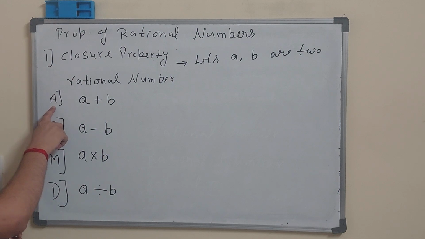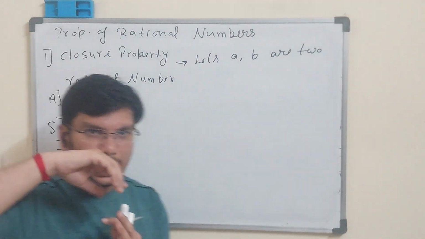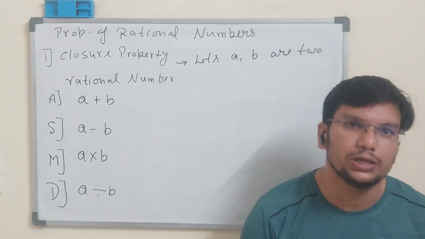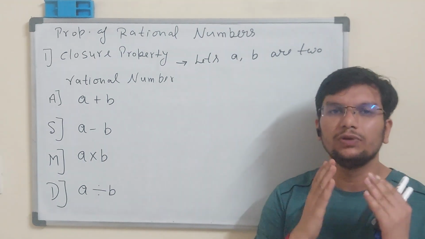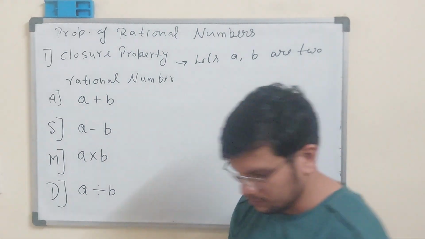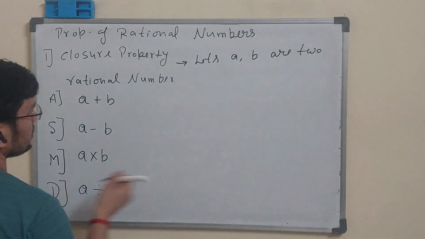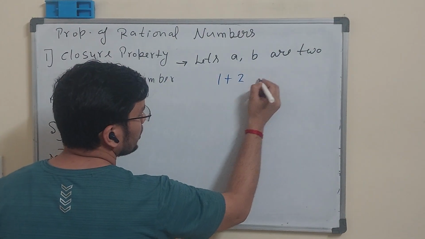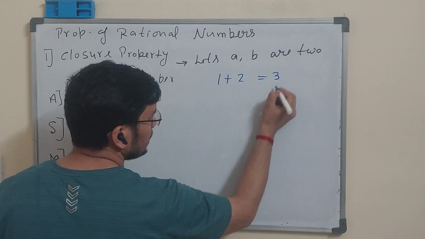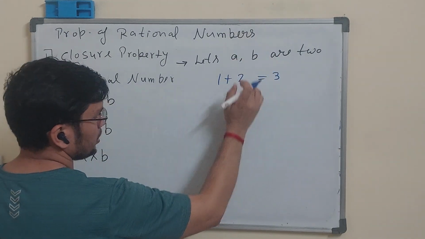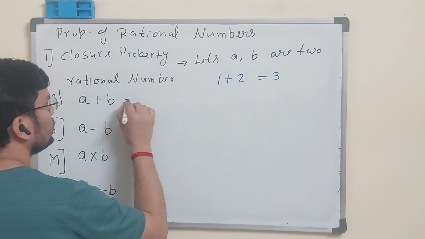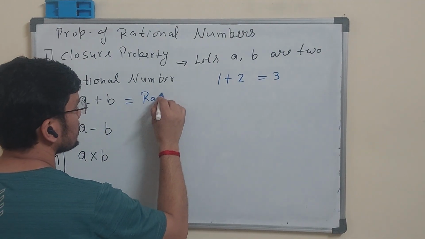In the case of addition, if you add two rational numbers, definitely you will get another rational number. For example, 1 plus 2, 100% you will get 3. This is also a rational number.